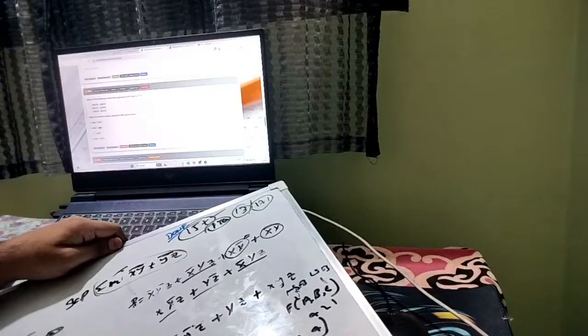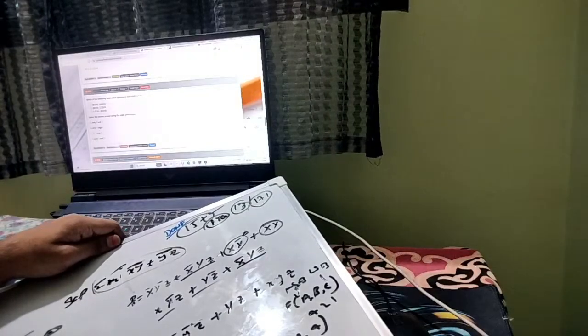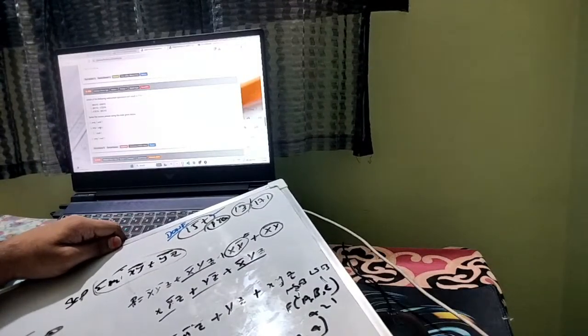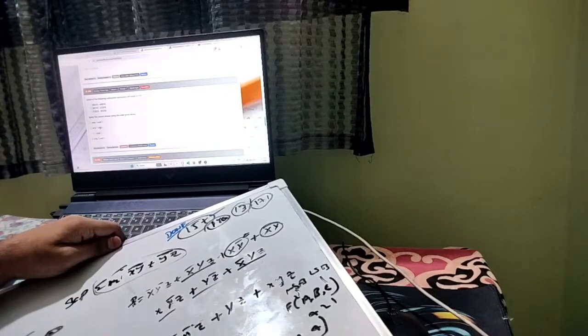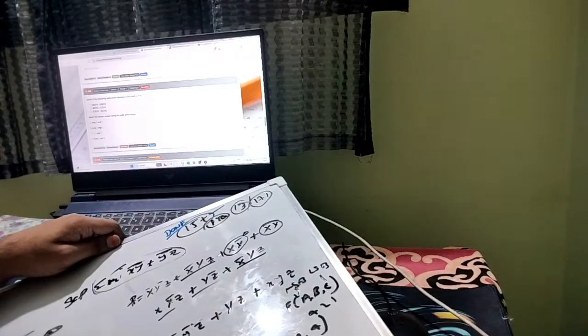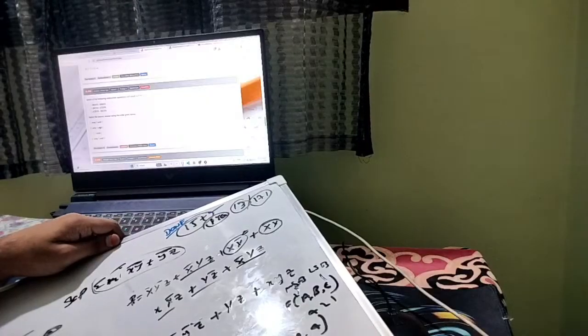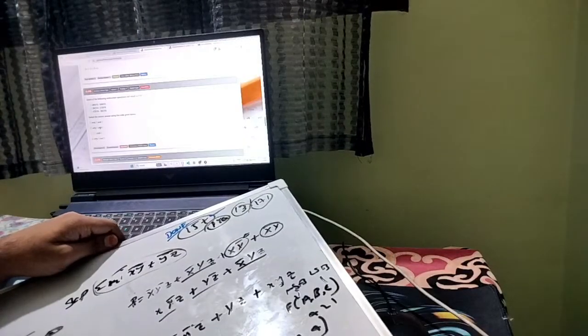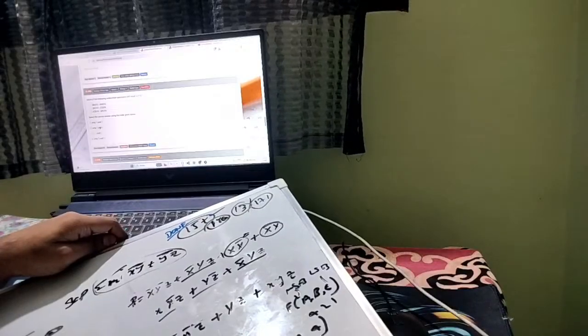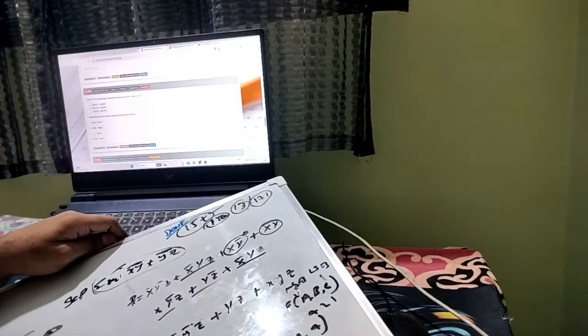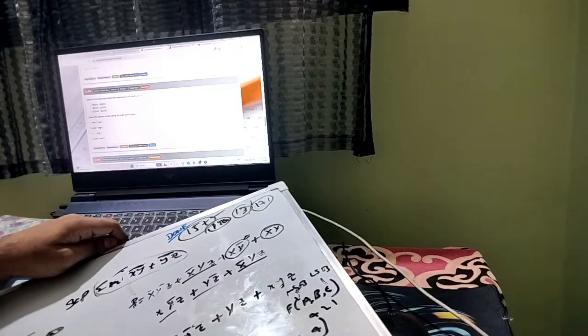Here we're taking a borrow, it becomes 2, and it will become 0. Okay, 2 minus 1 becomes 1. So here is 0, we're taking a borrow from here, and this term will become 1.